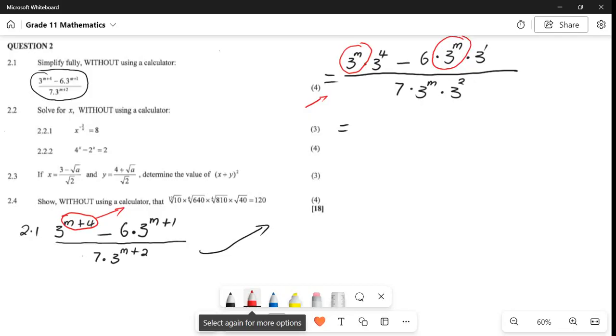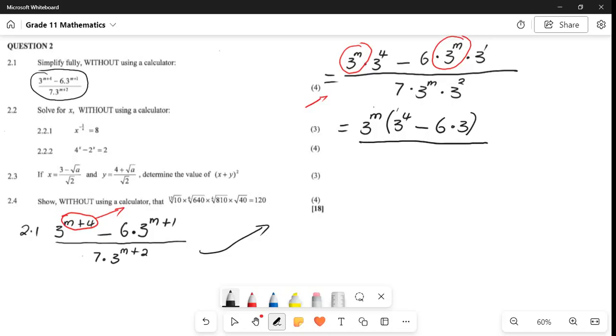Then, given that we are going to take out the common factor 3 to the power m, and then we open the bracket, we'll be left with 3 to the power 4 from the first term minus 6 times 3, which is 3 to the power 1. If you multiply this common factor back, it should give you what you had in the previous step.